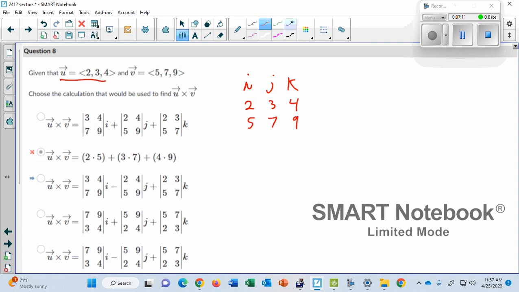And so the way I kind of like to do it is basically, for the first one, you ignore row 1 and column 1, and so I'm going to take these numbers right here, 3, 7, 4, and 9. So I'm going to find the determinant here and then multiply it by i, and then it's going to be minus for the next one, and then I do the same thing. I cross this part out and I write the determinant for the numbers that I have left right there.